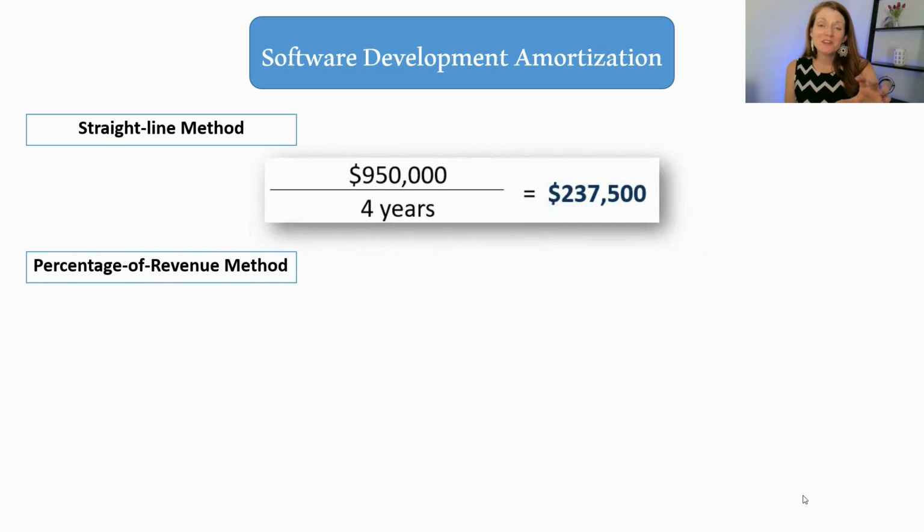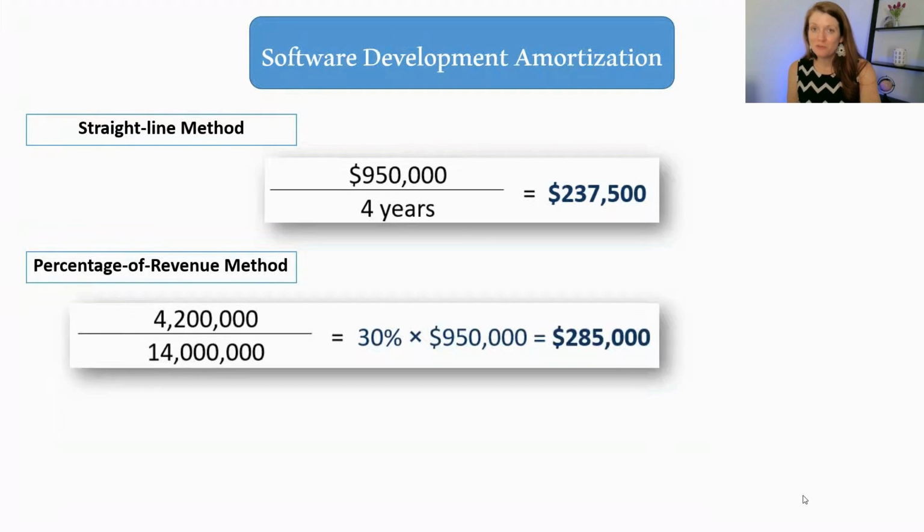We would take that $950,000, the cost from the technological feasibility date of July 15th, I think it was, until the end of the year, which then was when they started selling the software. We divide it by the 4 years that it is going to be bringing us benefit, so they'd be amortizing $237,500.